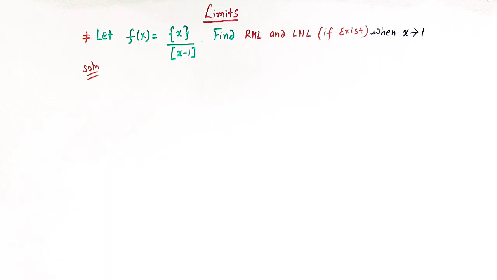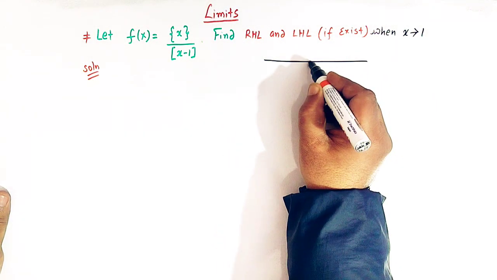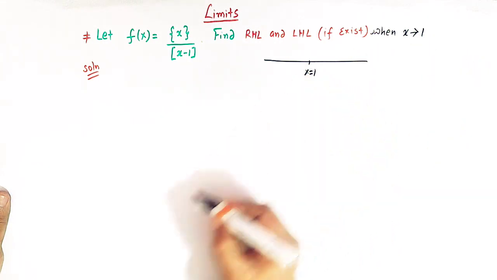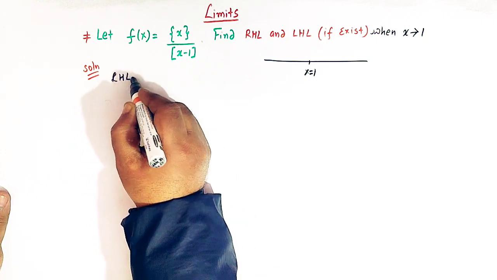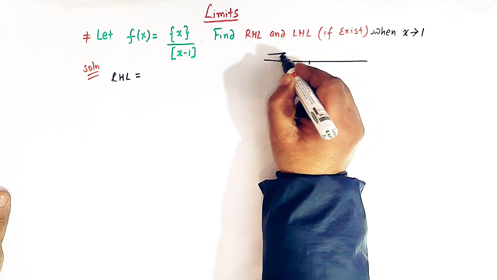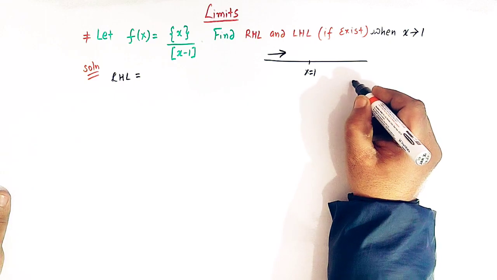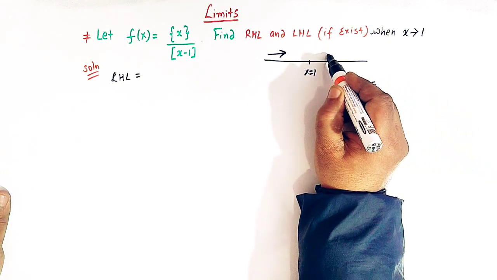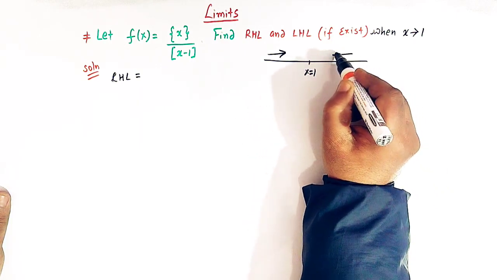So let us start. Here we have the point x is equal to 1. When we calculate the left hand limit, we are approaching from the left of x is equal to 1, and when we calculate the right hand limit, we are approaching x is equal to 1 from the right.